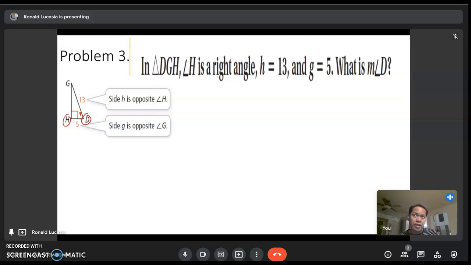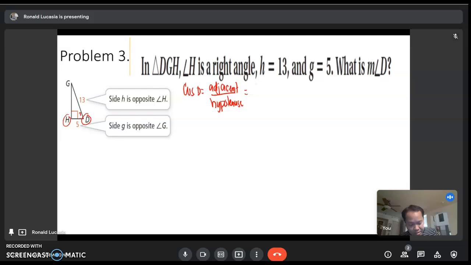So adjacent and hypotenuse will give us cosine. So cosine D is equal to the adjacent side over the hypotenuse side. I repeat, we cannot use sine here because we don't have the opposite side.